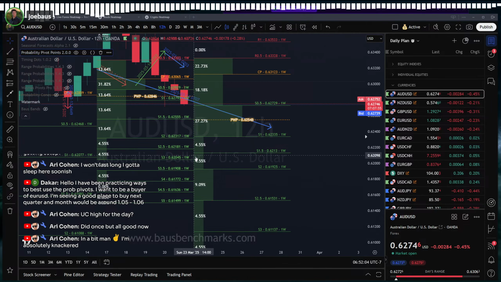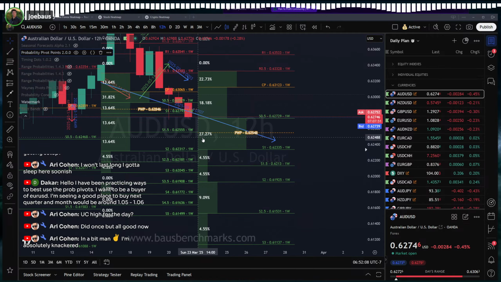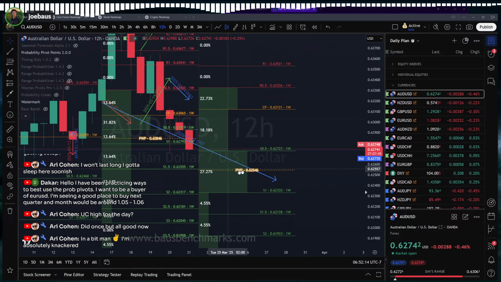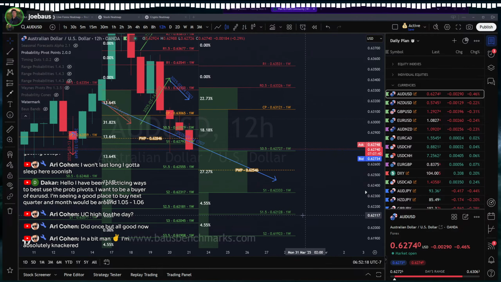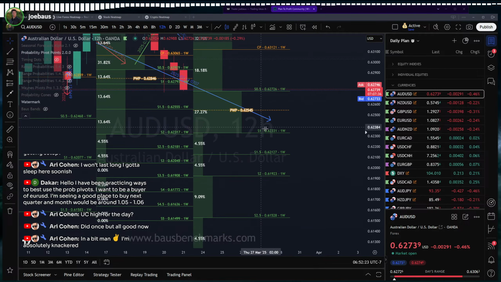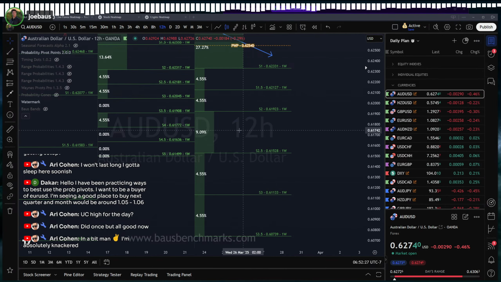You can see 4.5, 4.5, 9, 4.5 versus 27 and 18 up here. So generally speaking, given the seasonal data, higher odds of finding the low here for the week between central pivot and S1. Lower odds here, but this is like catching a falling knife. So past S1, I'd be concerned about sharp volatile moves to the downside.